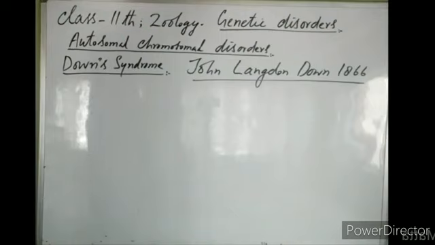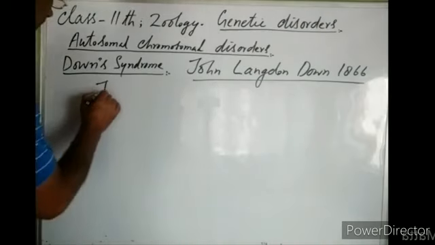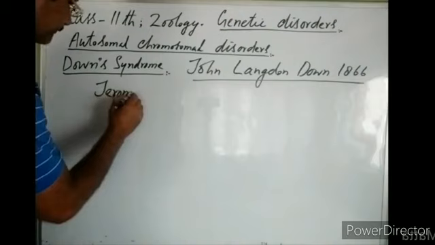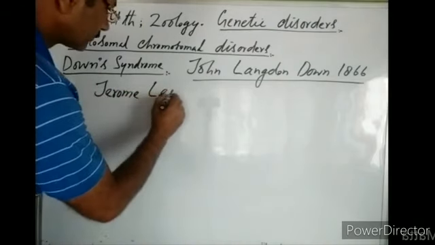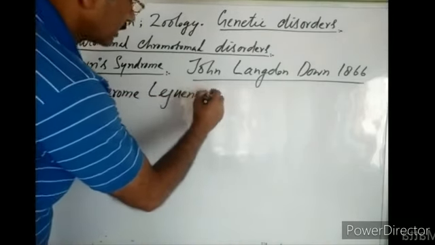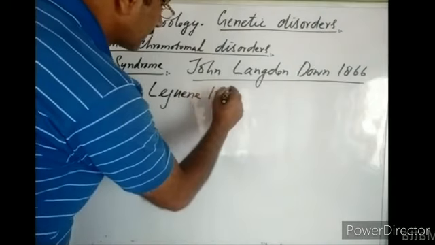However, the cause of Down syndrome was worked out by Jerome Lejeune in 1959.